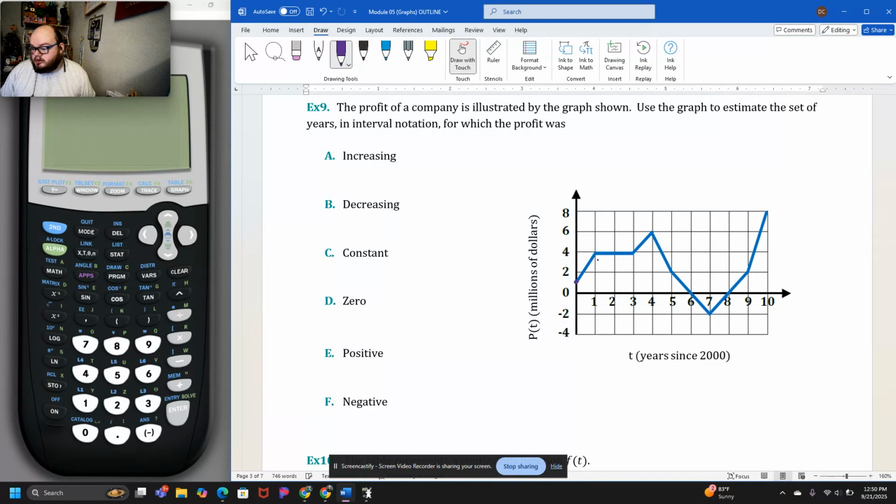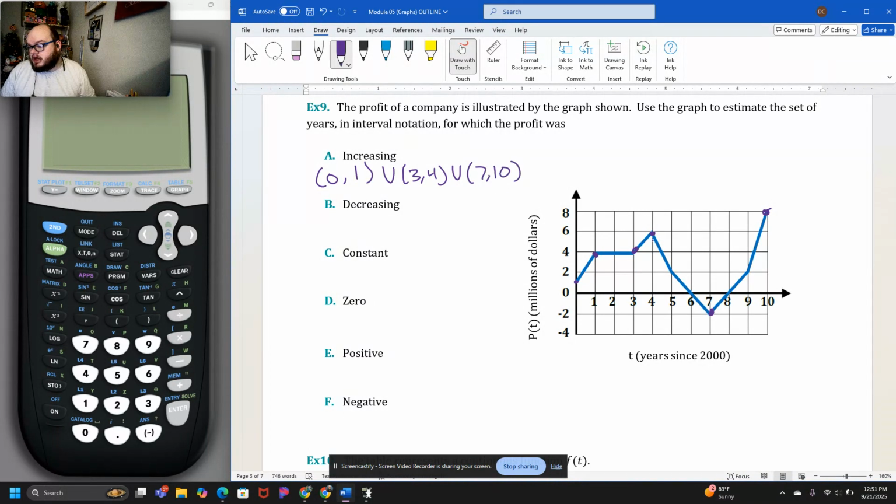From 0 to 1. So from 0 to 1. And then from years 3 to 4. And then from what? Years 7 to year 10, because it increases that entire time. It just starts to increase more steeply from years 9 to 10. Okay, but it's increasing the entire time.